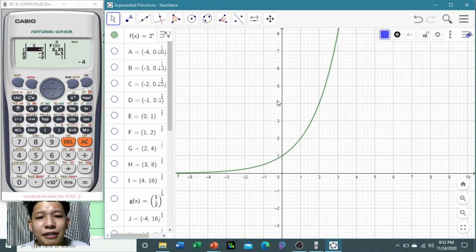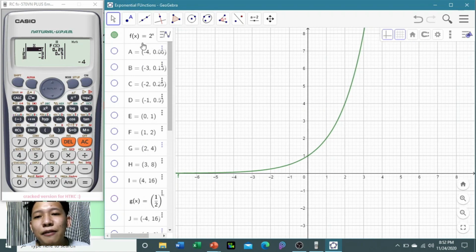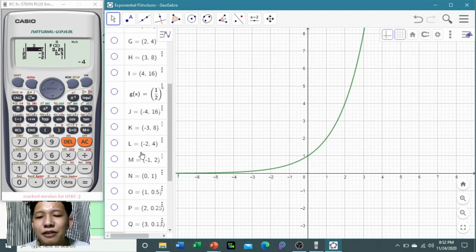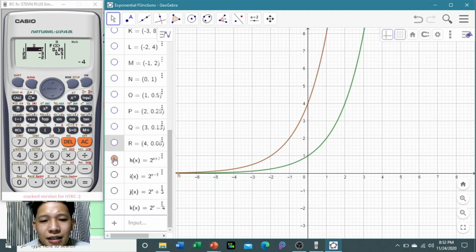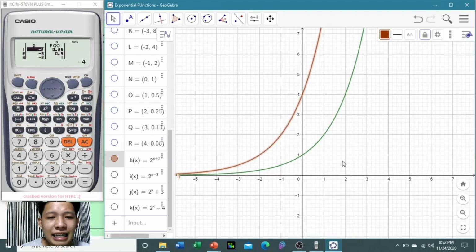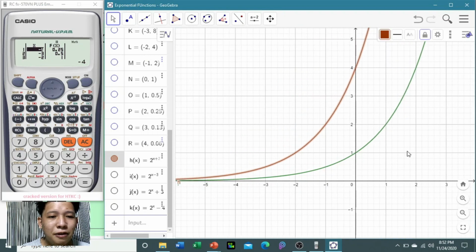So, this is our original function, si f of x equals 2 raised to x. Pero pag dinarap natin yung f of x equals to 2 raised to x plus 2, so ito po yung ating orange na graph. So ang nangyari po is na-move po yung ating original graph sa kaliwa. Okay?